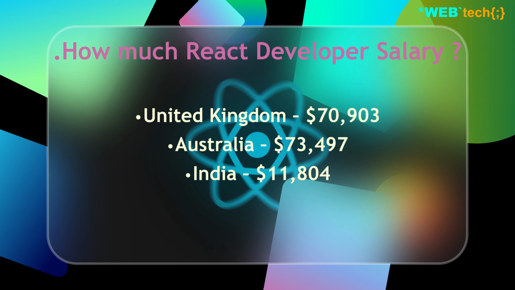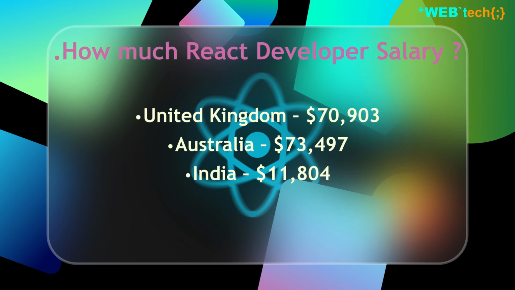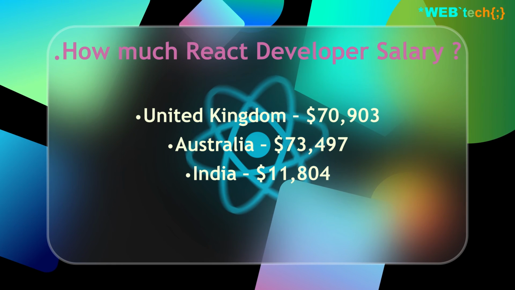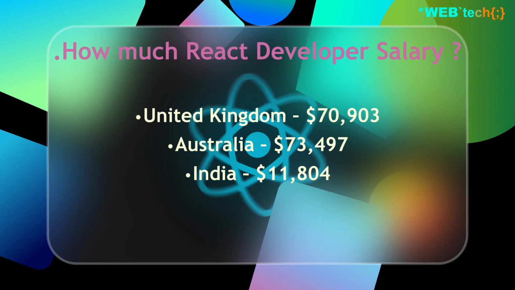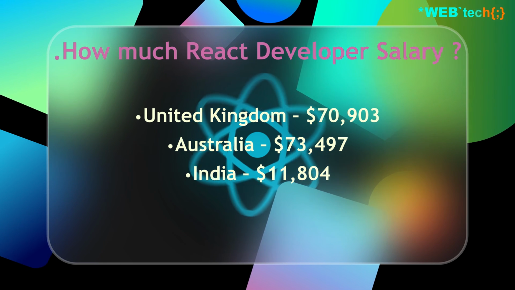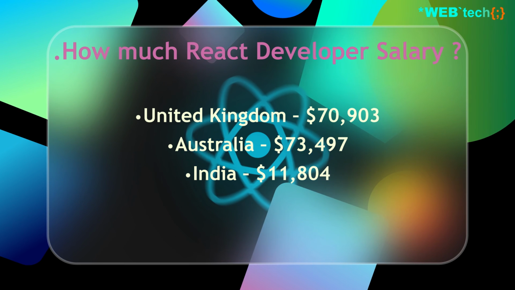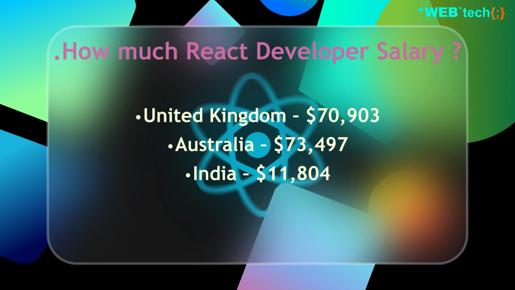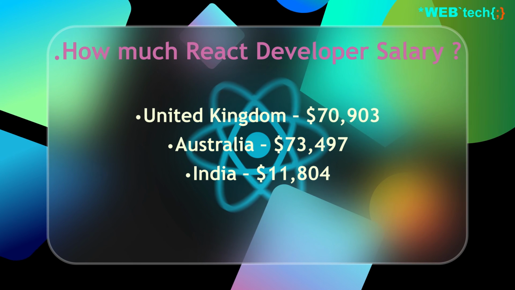In the United Kingdom, the salary is $70,903, in Australia $73,497, and in India $11,804. It's around 8,83,397 Indian rupees.